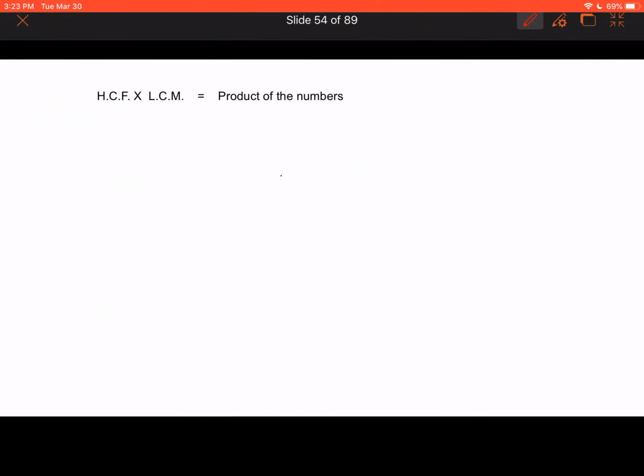then that's a small concept: HCF times LCM is equal to the product of the given numbers. For example, I am taking two numbers, that is 30 and 48.